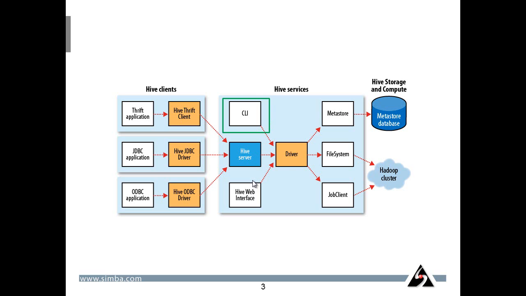A lot of people are familiar with the command line interface that's provided by Hive that goes against Hadoop. And you'll use this command line interface for a whole bunch of things, right? You can interactively query using HiveQL at the command line. We use this command line interface ourselves to load up the data set that we're showing you today.